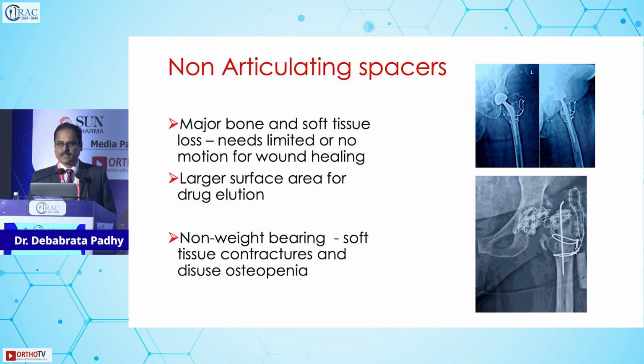So for wound healing, it's better to go for the non-articulating spacer whenever there is major bone loss or soft tissue loss. A larger surface area for good fixation is important, and the non-articulating spacer helps in that. Soft tissue contractures and diffuse osteopenia are a drawback of these spacers.